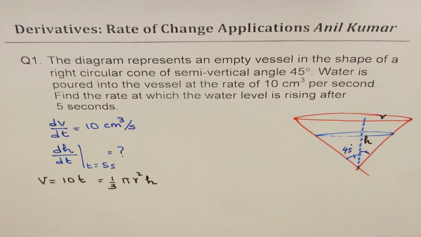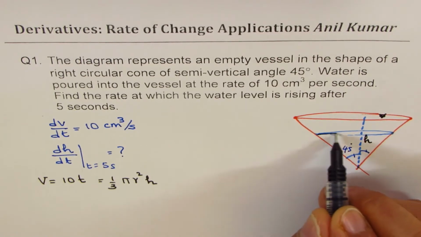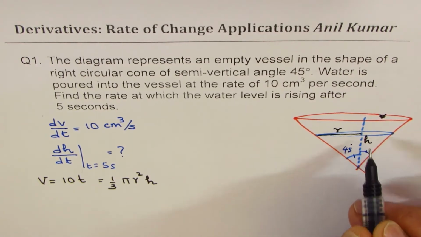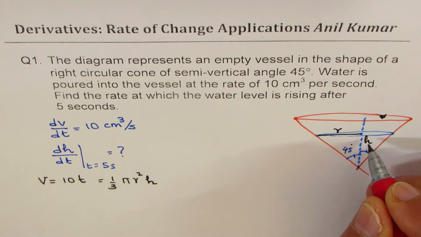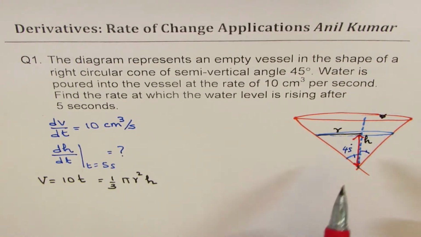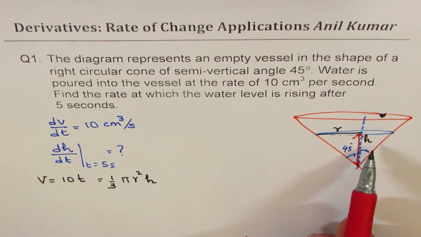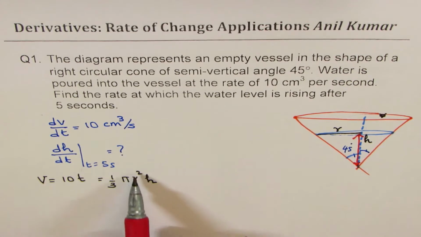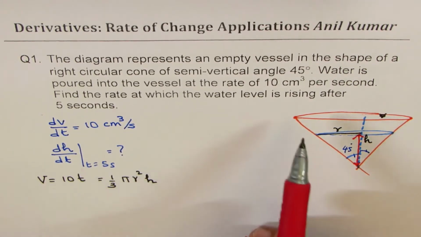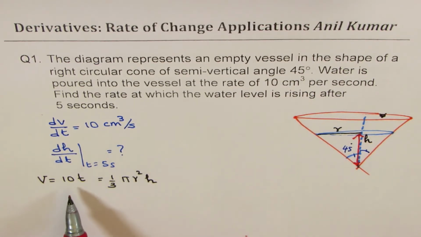So in that case, let's say this is the radius r, and that is the height. Then the volume of water contained will be 1/3 pi r square h. You get an idea, right? Since it is being filled at 10 centimeter cube per second, the volume is also 10 times t, the time.